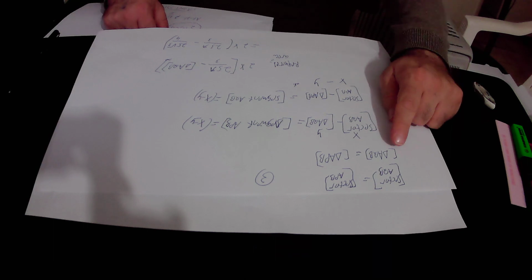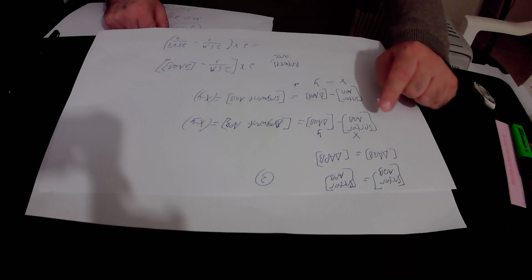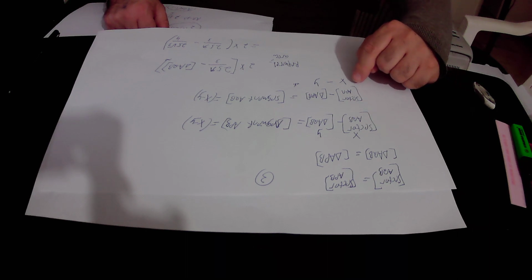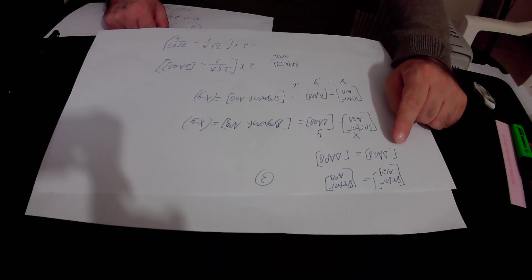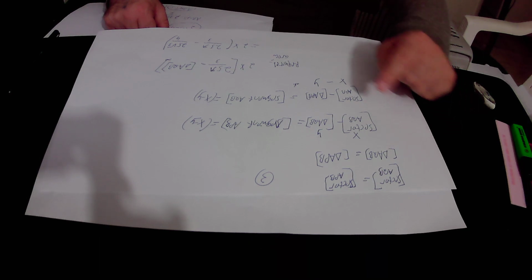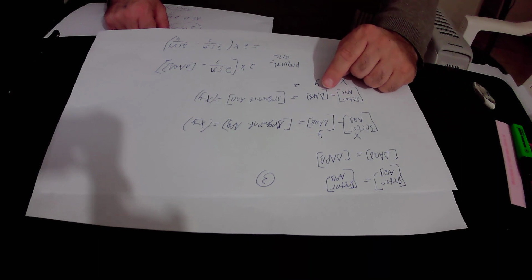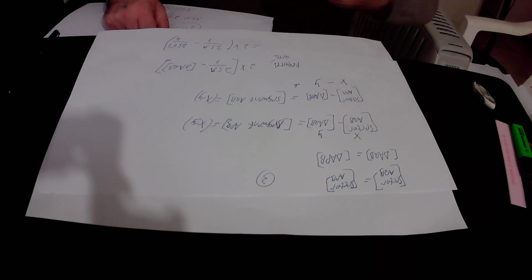If we define the area of sector AQB as x, then the area of sector APB will also be x. And if we define the area of triangle AQB as y, then the area of triangle APB will also be y, because they are congruent to each other.